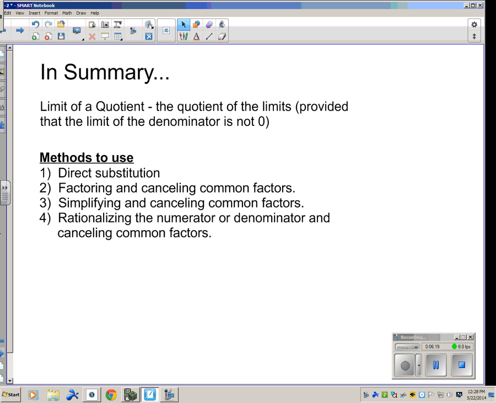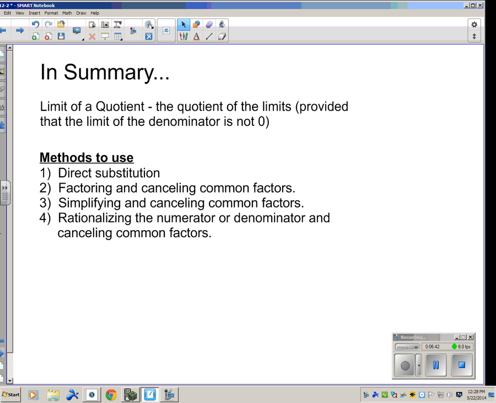So there are the methods that we talked about using. We could use direct substitution as long as we don't get 0 in the denominator. If that's not working, we're going to have to use one of these other three things: either factoring and canceling out common factors, or simplifying and canceling common factors.